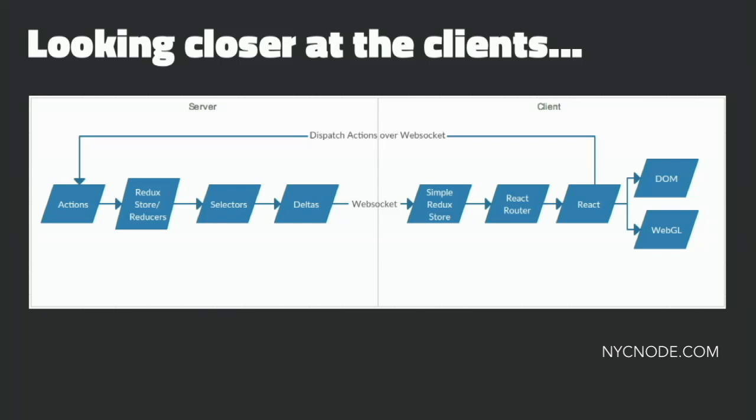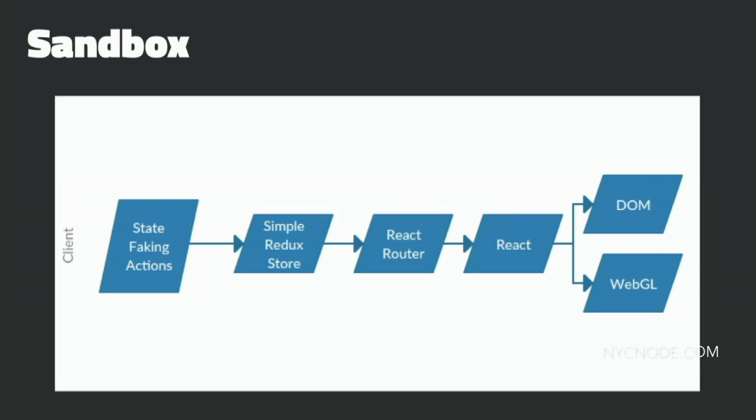Before I go into that, it's essentially everything on the right half of the screen, the client, with an additional ability to do state-faking actions. This only exists in the sandbox, and it modifies the state to be what it would be if it came from the server. It's really easy to modify the state if all the state is one JavaScript object, and it's really easy to see where everything is.